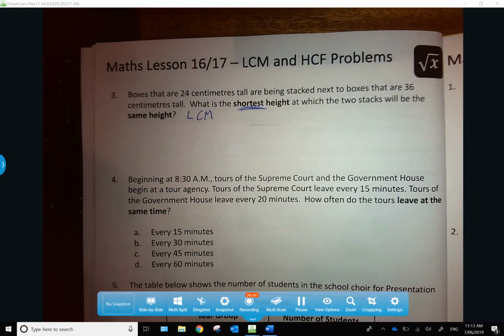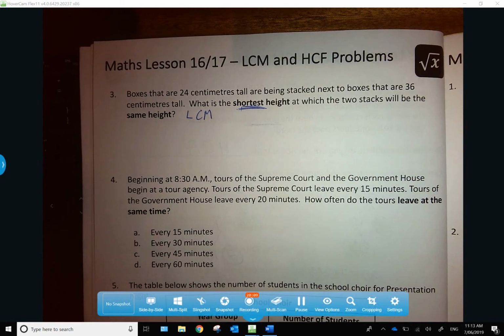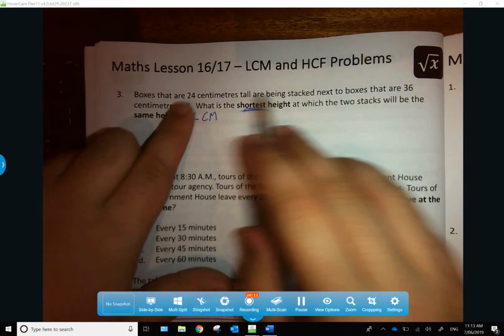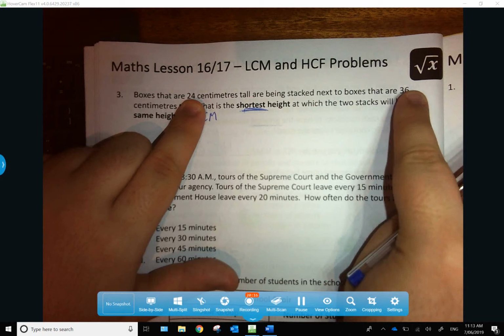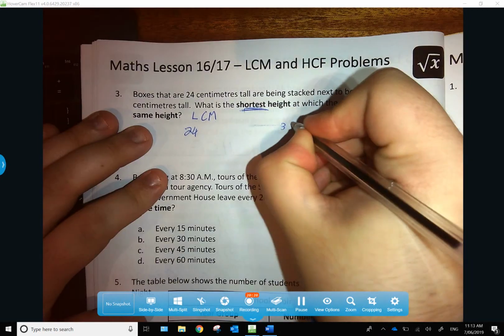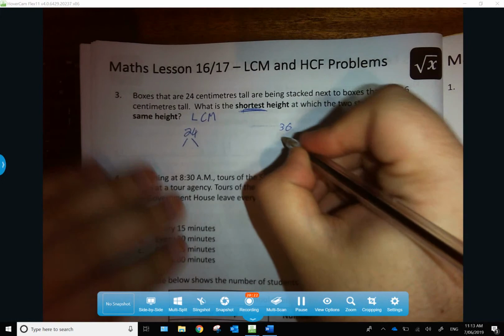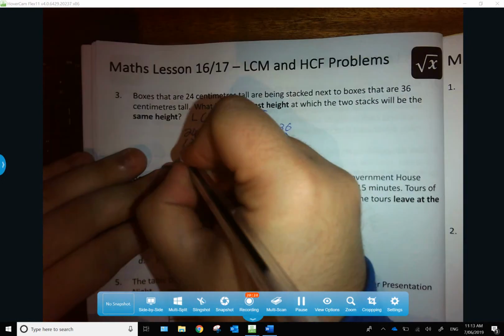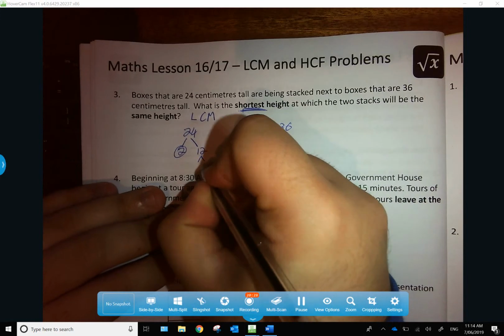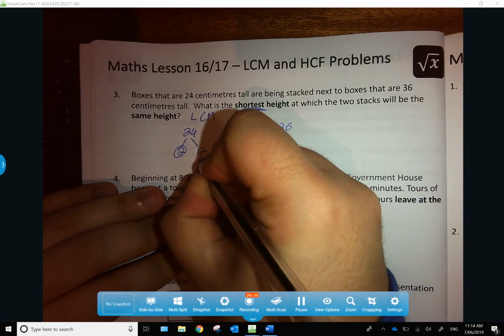Okay. To find the lowest common multiple, I first needed to do two factor trees. What numbers do I need to do the factor trees on? Oh, 24 and 36. So let's go ahead and do that. 24 breaks up into 2 and 12. 2 is a prime number. 12 breaks up into 2 and 6. That's a prime number.